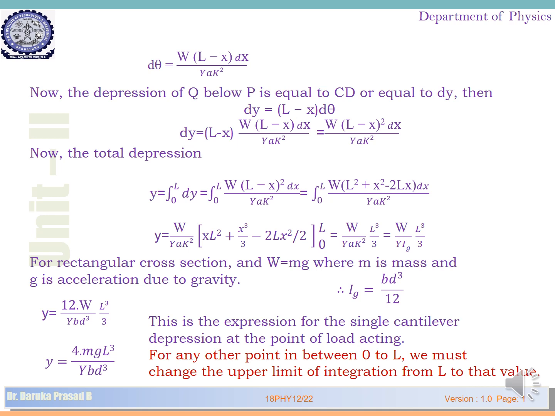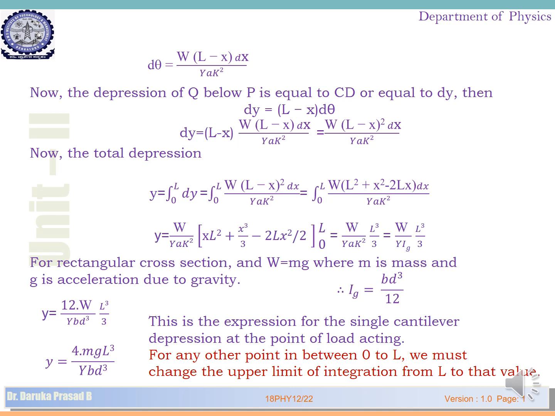Then the expression for y changes to 4mgL cubed by Ybd cubed. This is the expression used in the lab also for determining the Young's modulus of a single cantilever, where small y is the depression and capital Y on the right side is the Young's modulus.